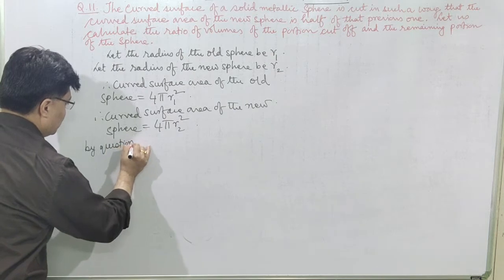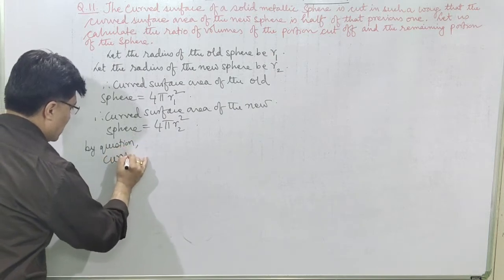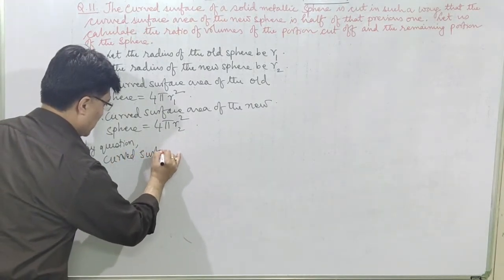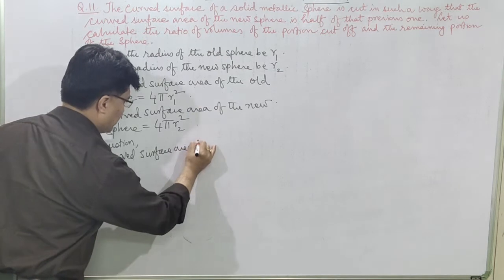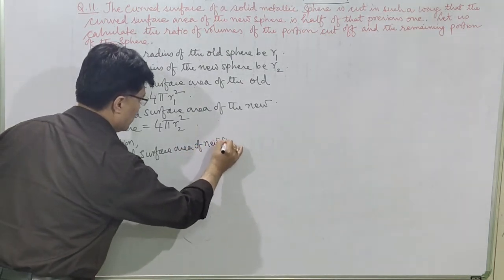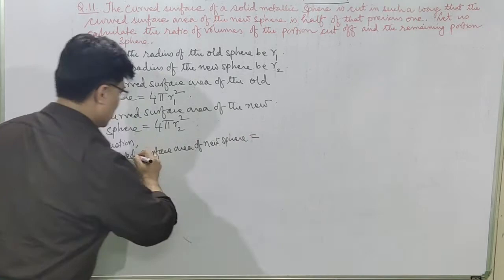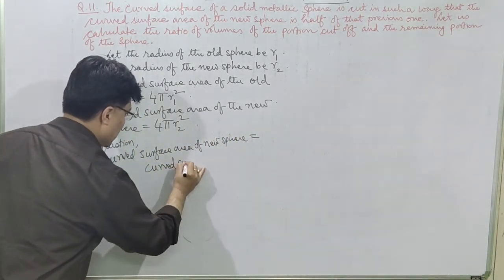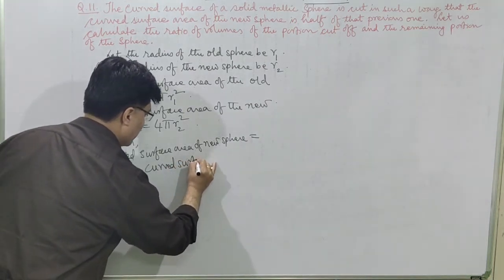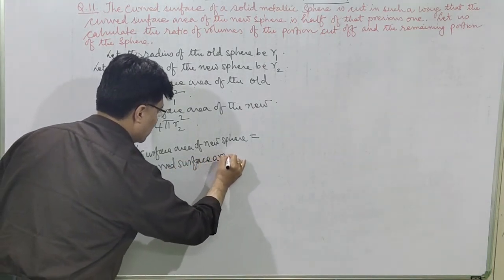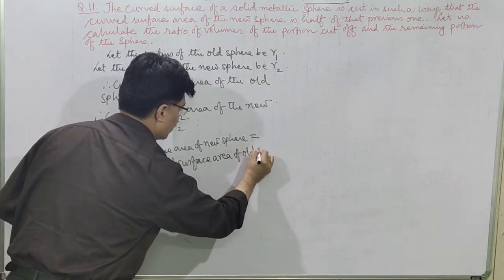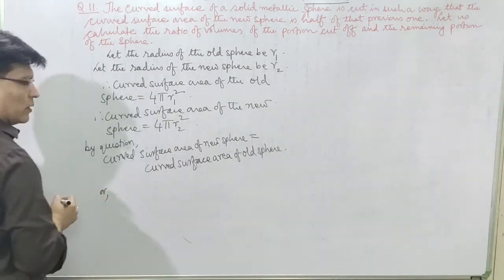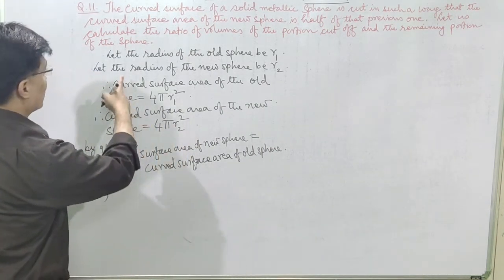By question, curved surface area of new sphere is equal to, this is the continuation line, okay, is equal to curved surface area of old sphere. So, what is curved surface area of the new sphere?